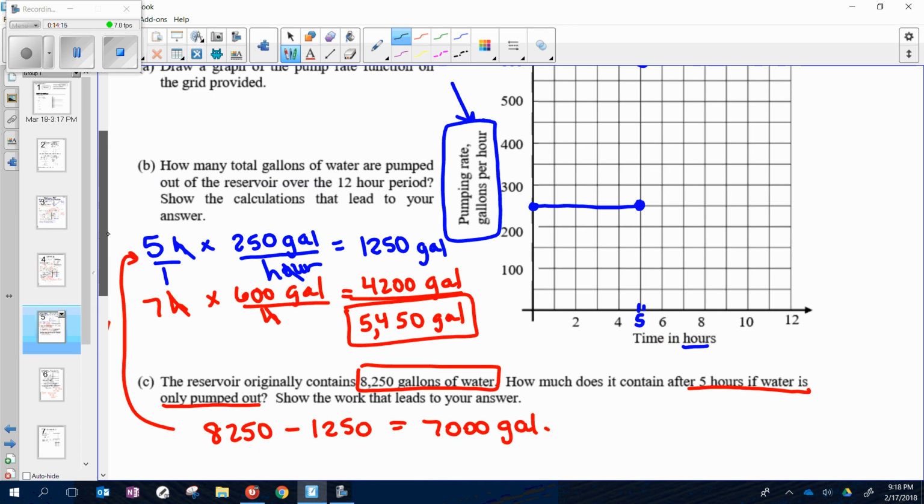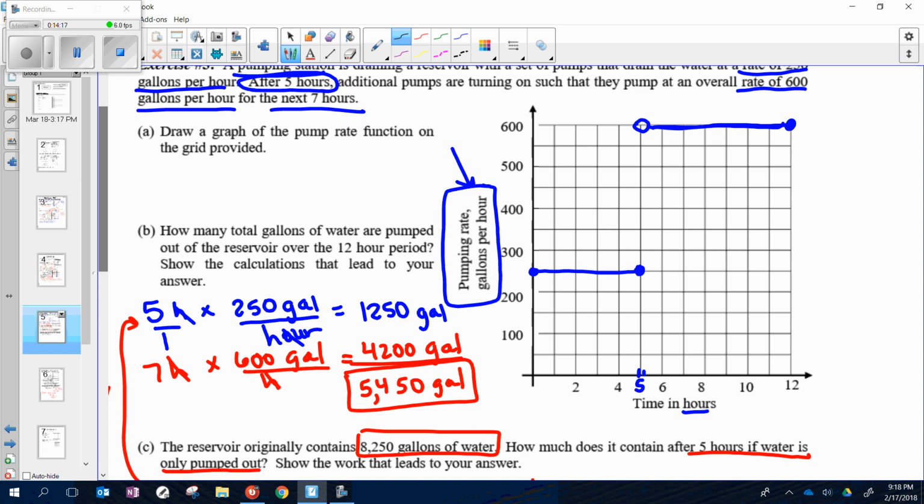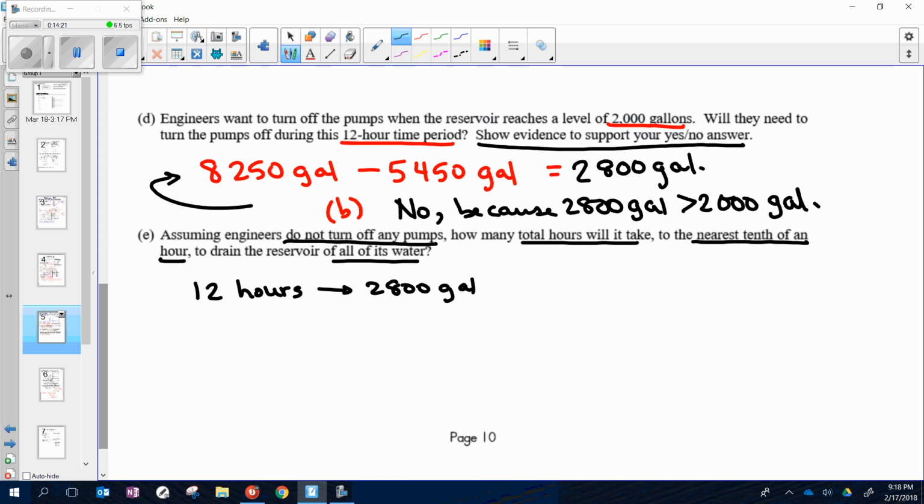And according to our graph, we're at 600 gallons every hour. So we got to take our 2,800 gallons and subtract off, for I don't know how many hours, 600 gallons every hour.